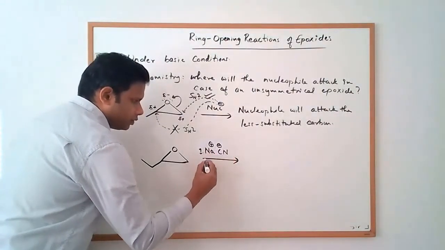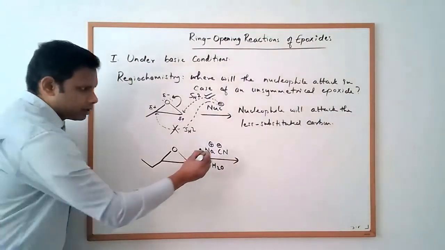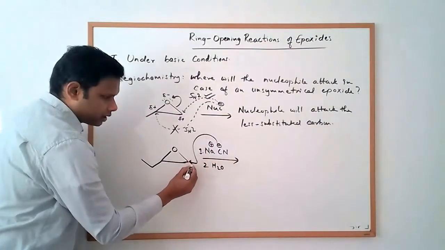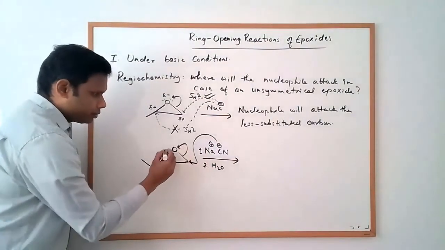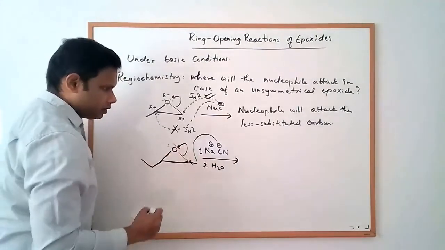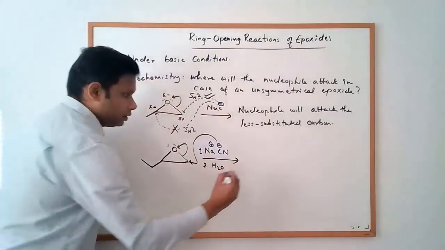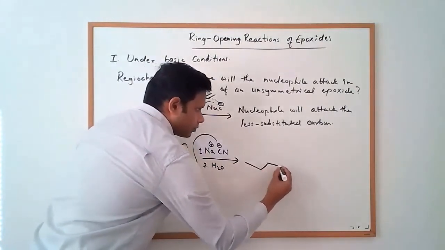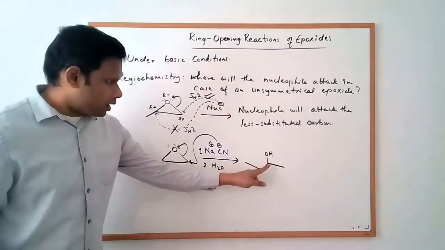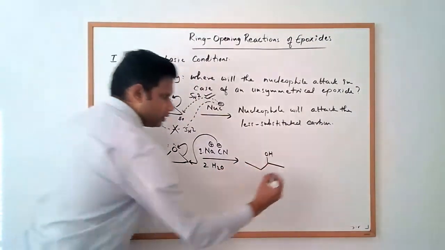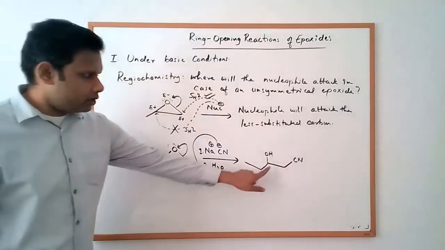And we are going to follow this up with a water workup. In this particular case, the cyanide is going to attack that less substituted carbon. The ring would open up, and so the product that we get in the end is going to look like that. The hydroxyl would be on this end, and the cyanide would be on the other end.